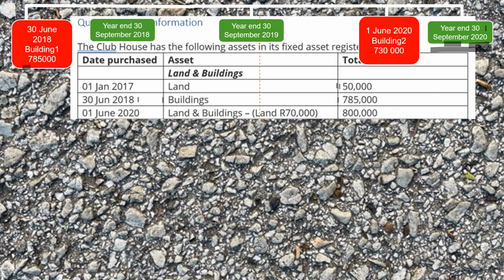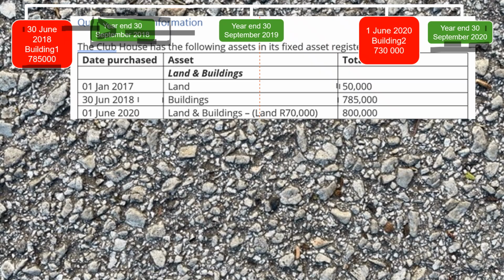This first building we purchased on the 30th of June 2018. The first financial year end is the 30th of September 2018. So this building we had for a few months.